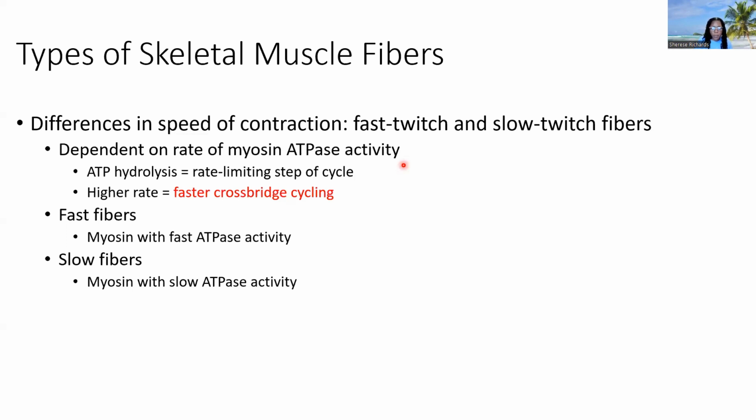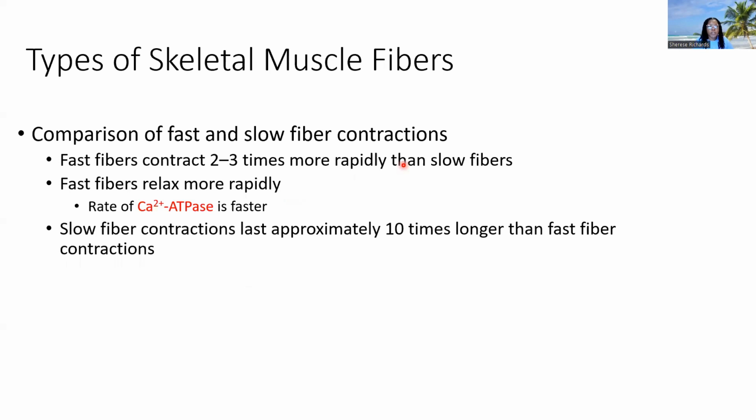All right, let's see what else is true between fast and slow fibers. So the other thing is that fast fibers are going to relax more rapidly as well. They're going to contract more quickly, but they're going to relax more quickly as well. And that is because of another feature, which is the calcium ATPase activity.